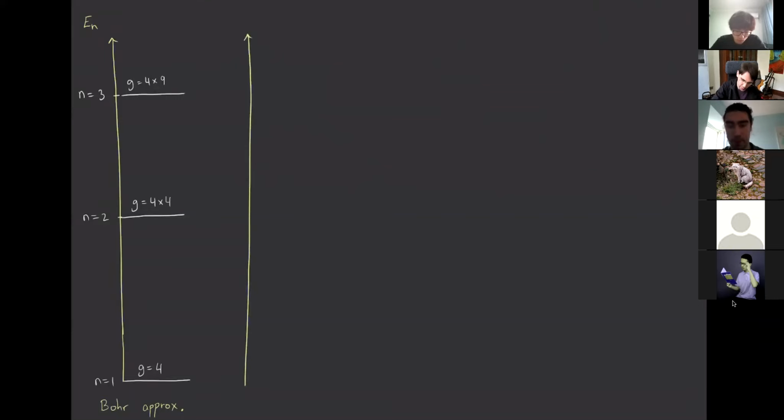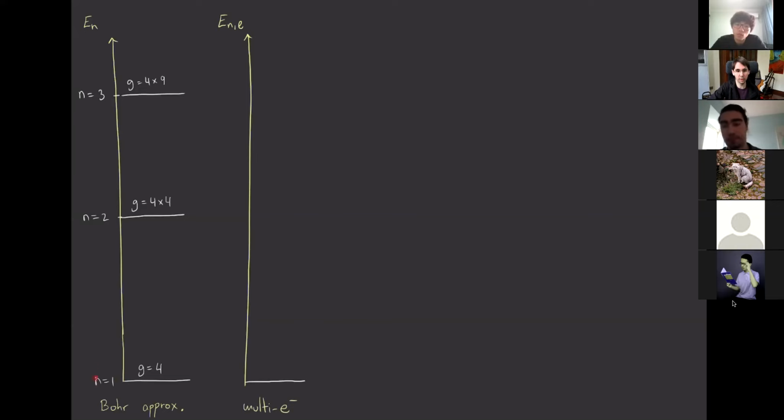Now we have an energy that depends not only on n, but also on L, and this will be for multi-electronic atoms. What happens first to the n = 1 level?